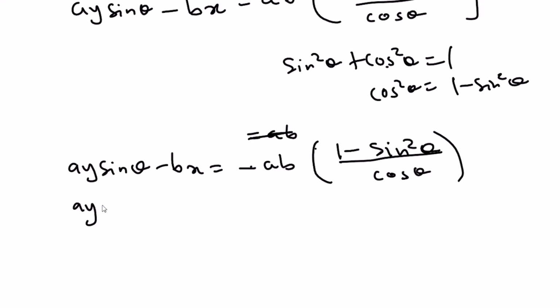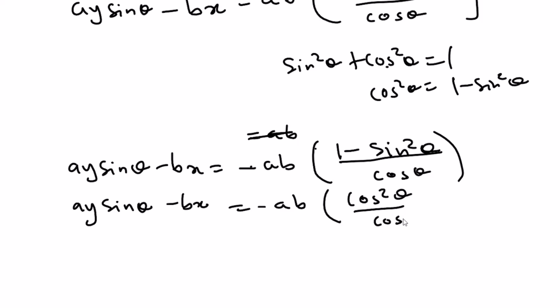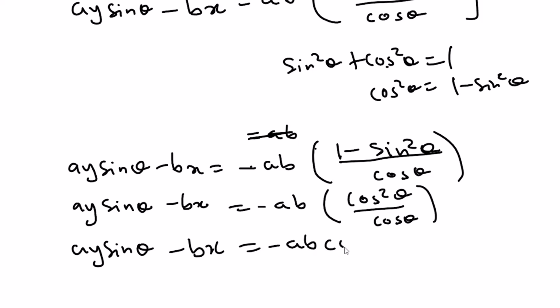So AY sine theta minus BX equals negative AB. Now we have cos squared theta divided by cos theta. Then AY sine theta minus BX will be equal to negative AB multiplying cos theta.